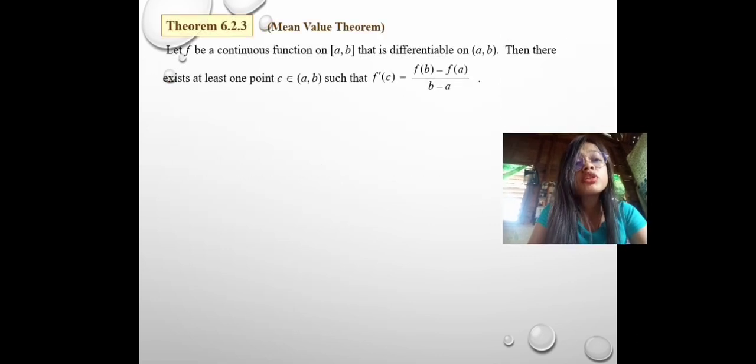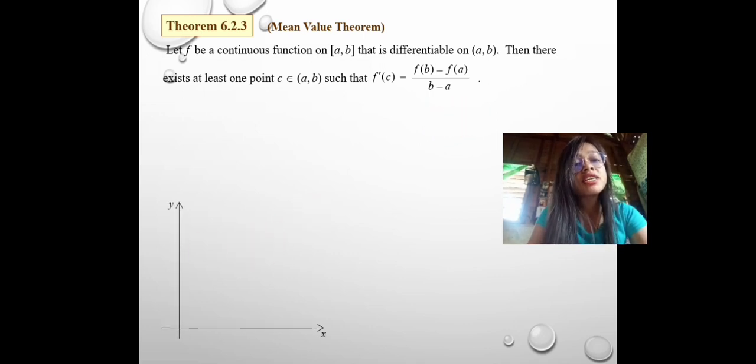Theorem 6.2.3, mean value theorem. Let function f be a continuous function on [a, b] that is differentiable on the interval (a, b). Then there exists at least one point c in the interval (a, b) such that f prime of c is equal to f of b minus f of a all over b minus a.